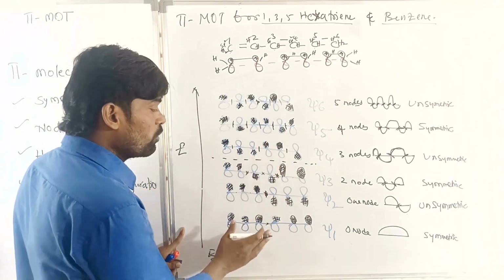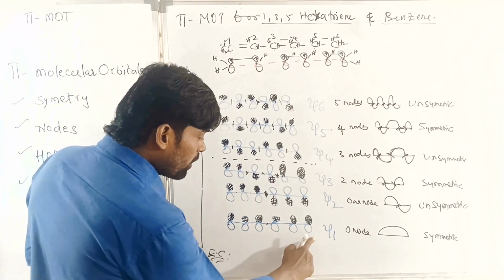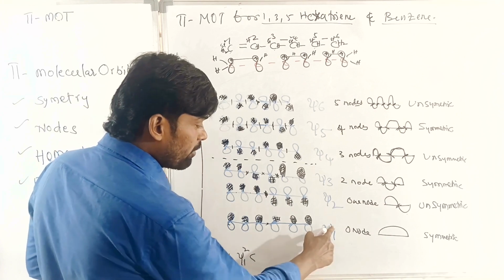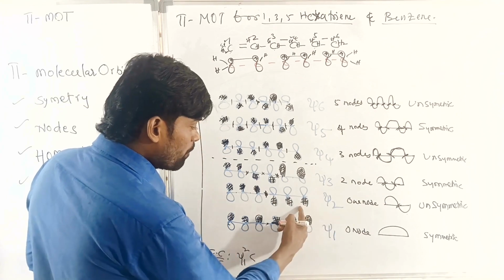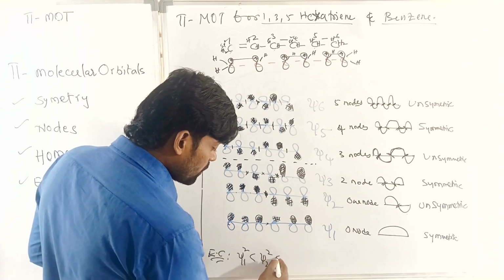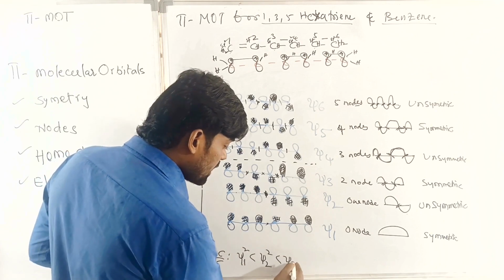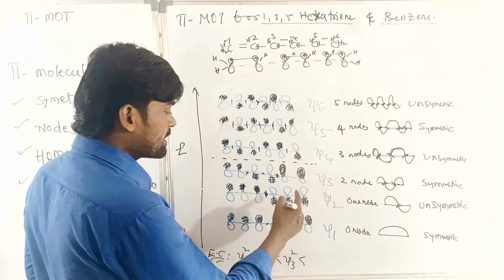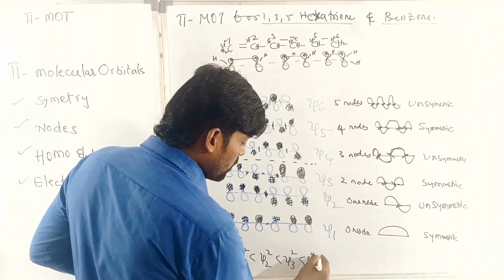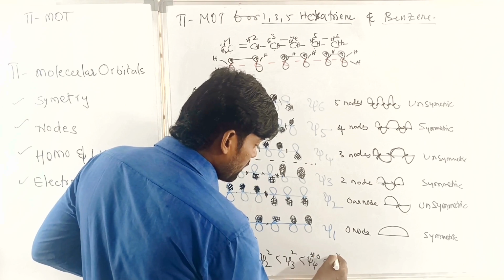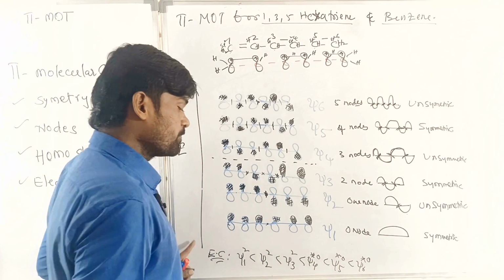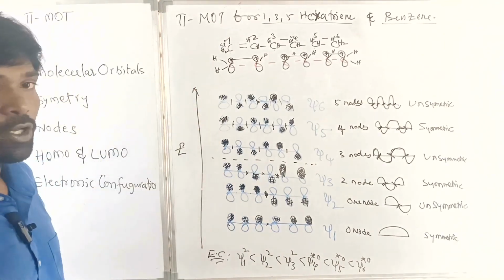Those 6 electrons will be filled so: the lowest energy first is occupied with 2 electrons, psi 1 having 2 electrons, then psi 2 also occupied with 2 electrons, and the remaining 2 electrons will be in psi 3. Psi 4, 5 and 6 have 0 electrons; these are anti-bonding. This is the electronic configuration for this molecule.